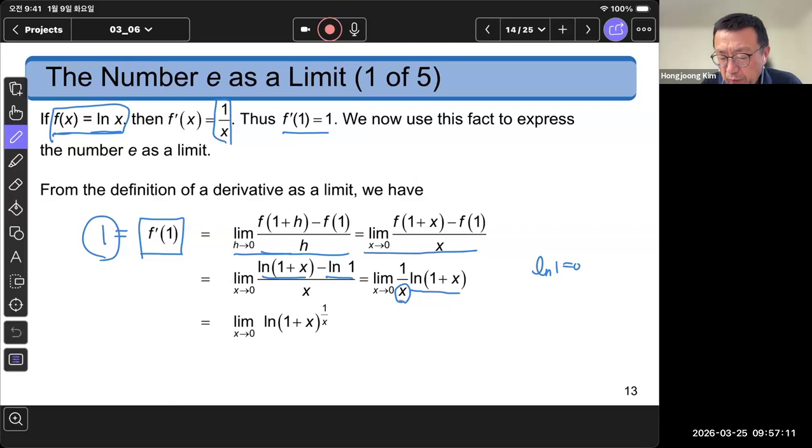Now, if you have anything in front of the logarithmic function, you can put it in the exponent, so that is ln of (1 plus x) to the 1 over x. At this point, please remember that this logarithmic function is continuous.